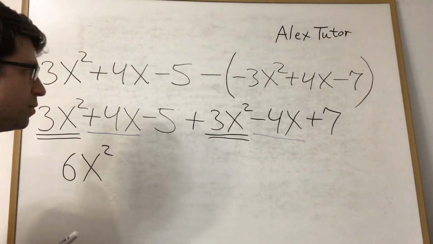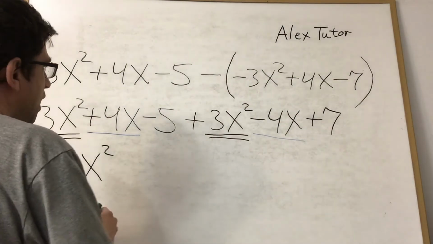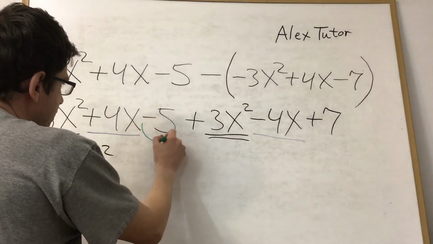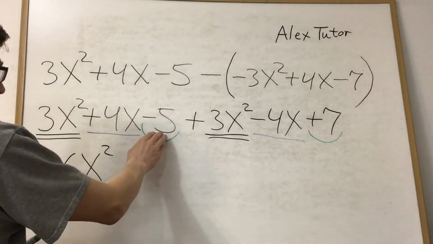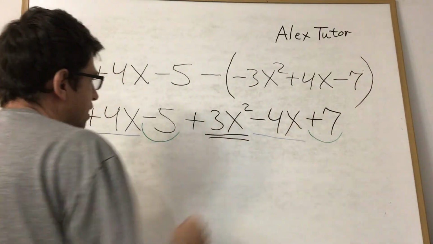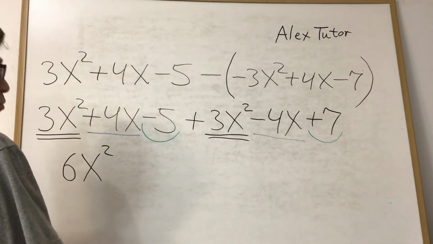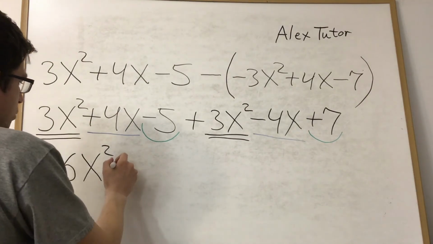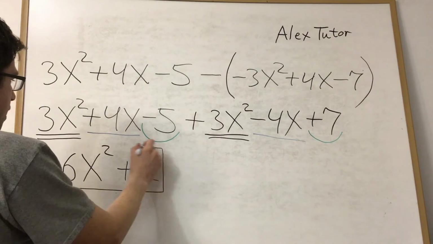It's 0. So they cancel each other. Now I have minus 5 and plus 7. How much is minus 5 plus 7? It's like 7 minus 5, which is positive 2, plus 2. So this is the final answer.